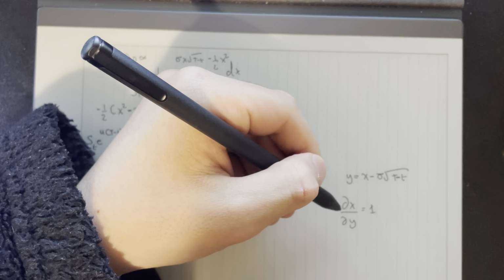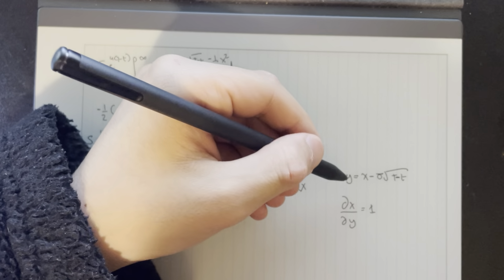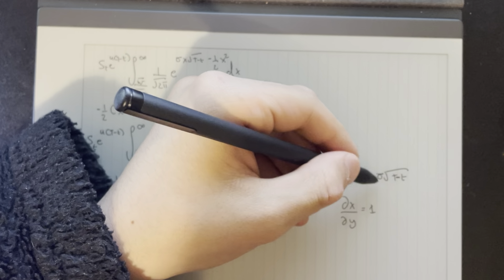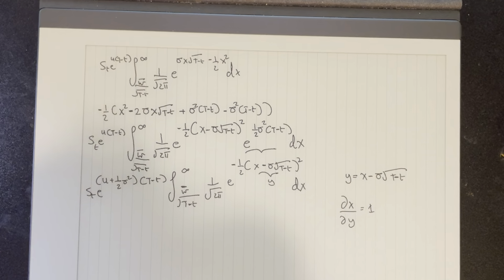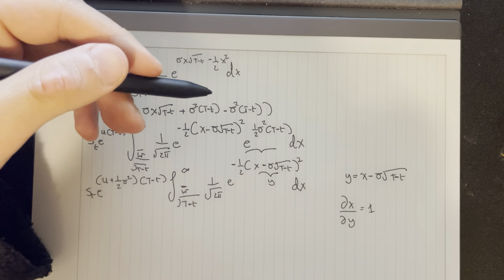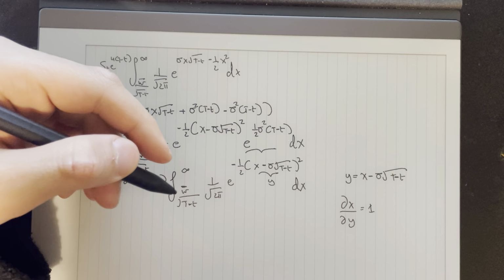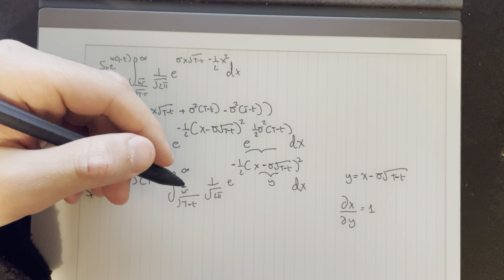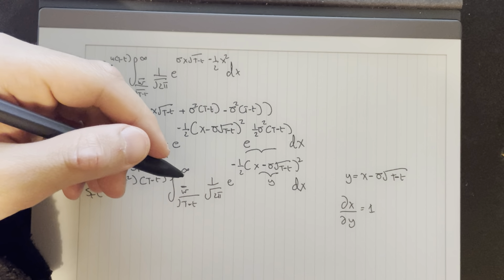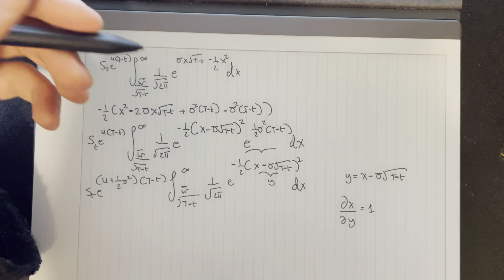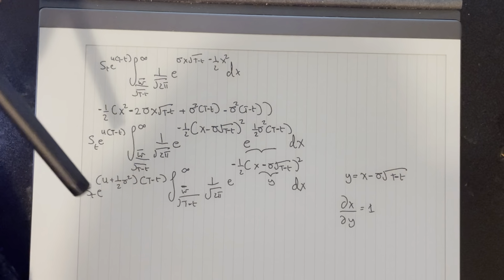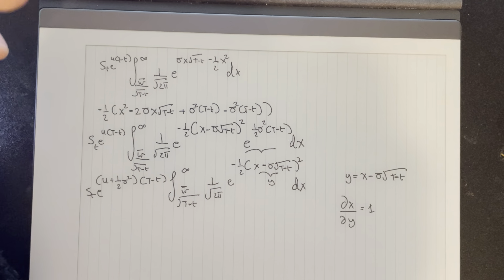Differentiating y will simply give us 1, and differentiating this with respect to y will give us 0, and hence we just simply have 1. So having done that, dx is equal to dy. That's all that is saying.